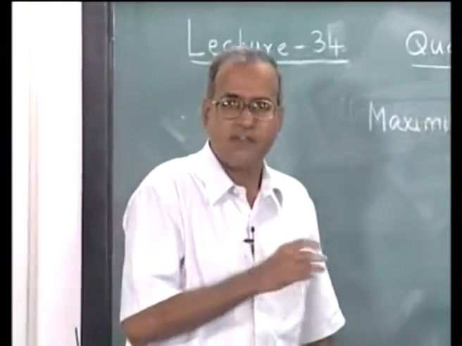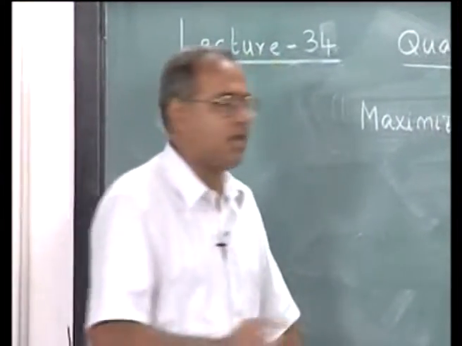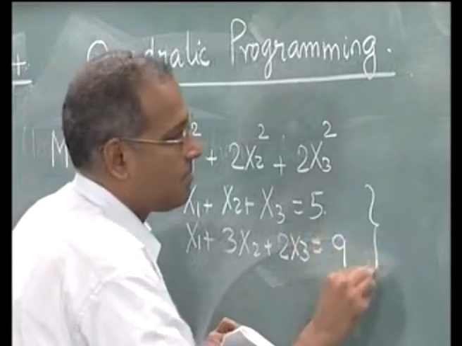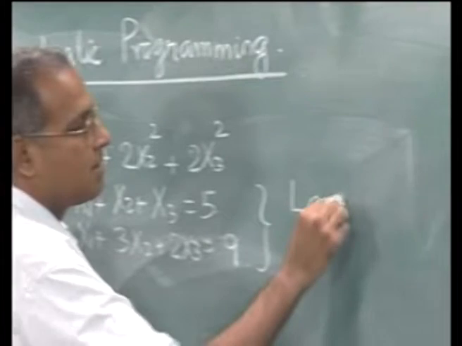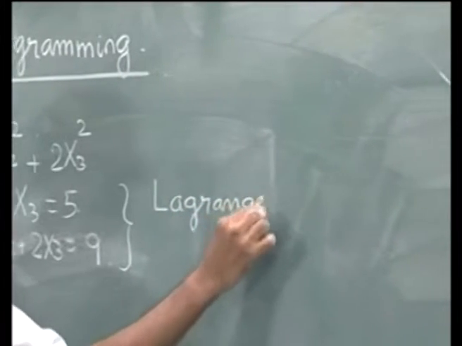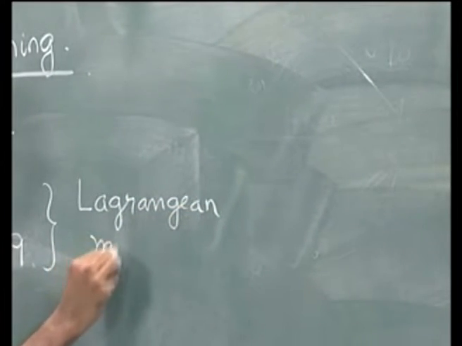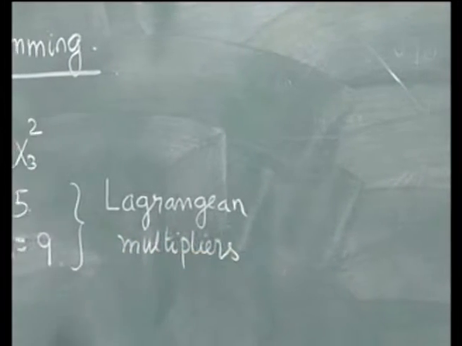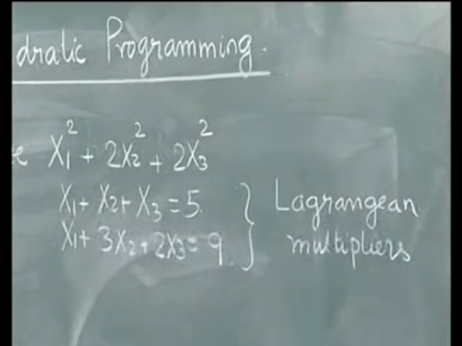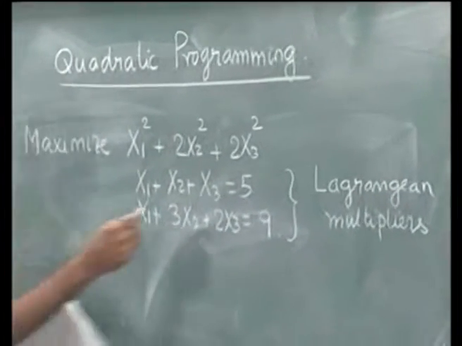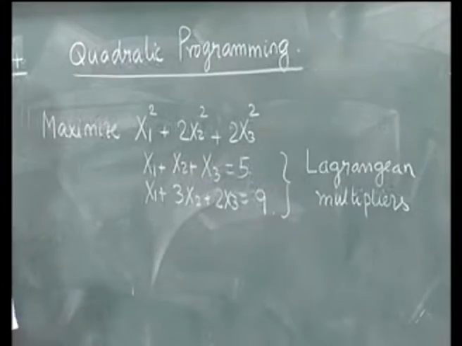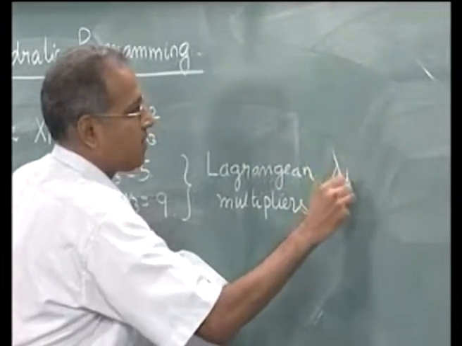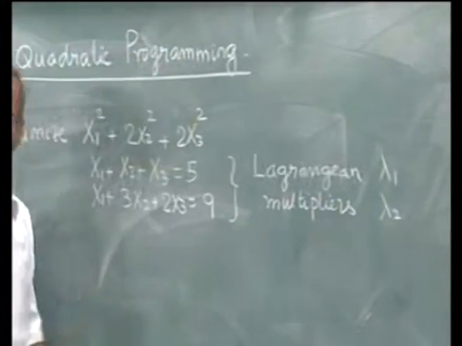One of the ways of handling constraints, particularly when the constraints are equations, is to use Lagrangian multipliers. Take the constraints to the objective function by introducing as many Lagrangian multipliers as the number of constraints. In this case we would introduce Lagrangian multipliers lambda 1 and lambda 2.